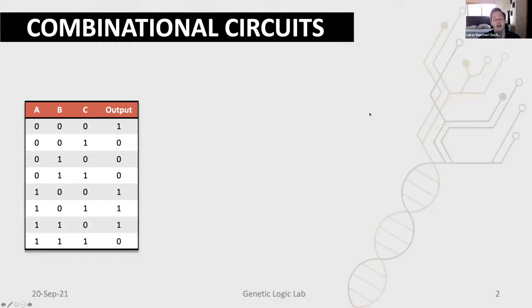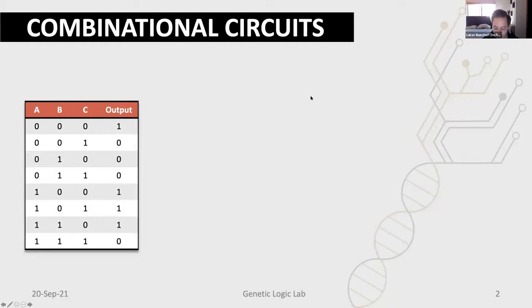My background is in electrical engineering. I started with synthetic biology when I joined the Genetic Logic Lab here at CU Boulder. Let's assume that joining the iGEM competition would be a nice way to start in synthetic biology.